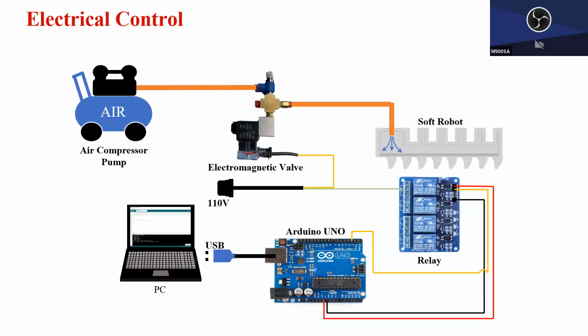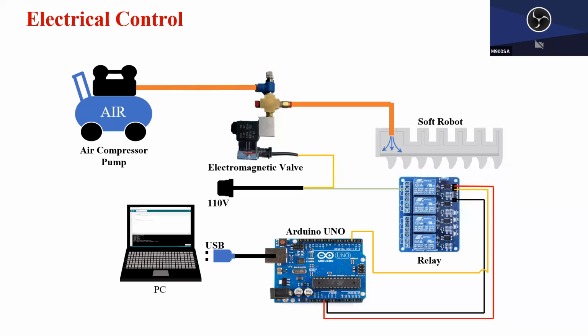So here is our simple electrical schematic. First, we connect the air compressor pump with the electromagnetic valve. On this valve, here is the inlet port, and this one is our outlet port. The outlet port will be connected to our soft robot. From the solenoid valve, we have two wires.